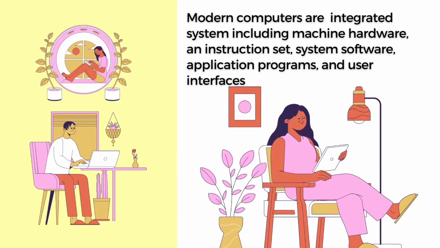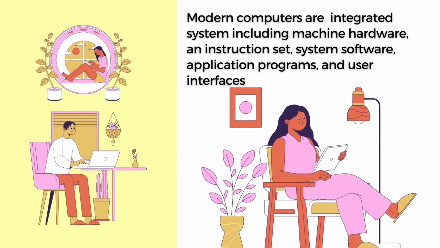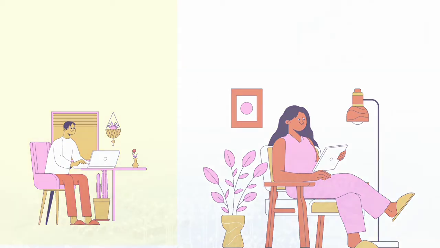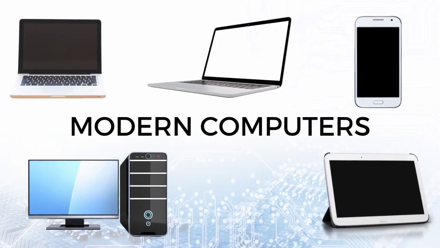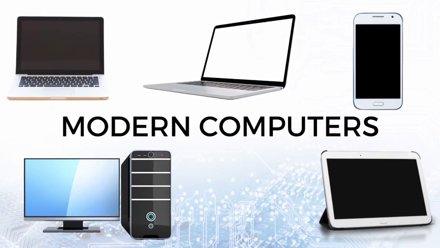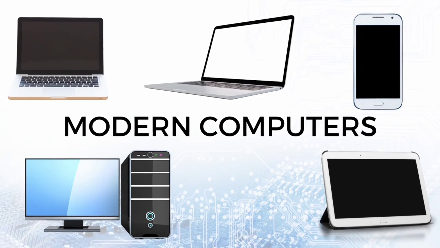Modern computers are integrated systems including machine hardware and instruction sets, system software, application programs, and user interface. These are examples of some modern computers that we currently have. As you can see, these computers are way smaller and smarter, and they are mobile, unlike the supercomputer and the mainframe computer.